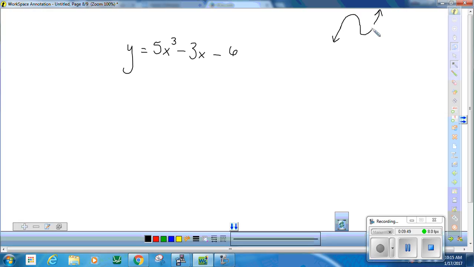So it's either going to turn twice, or it might not really turn all the way around at all. It just keeps going up, all right? This is going to be my cube function. That's what we learned yesterday.